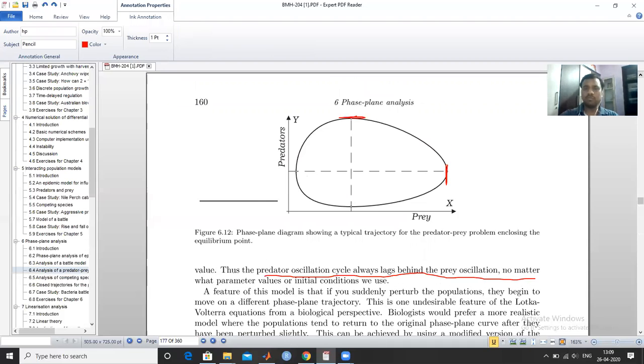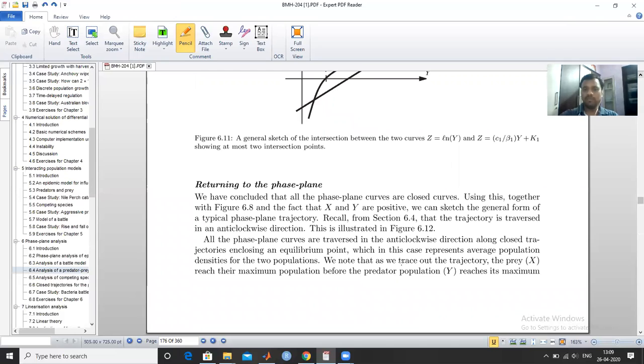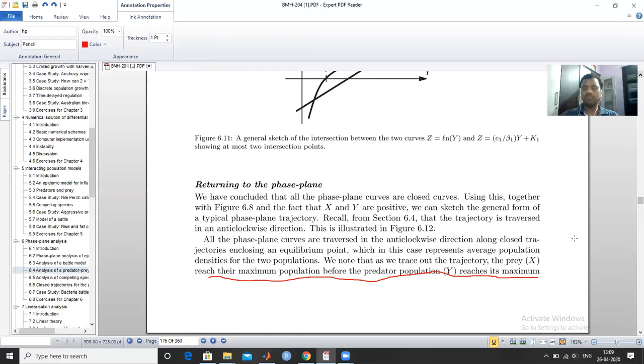So they want to say that in this line we have traced out the trajectory: the prey reaches their maximum population before the predator population y reaches maximum. So there are two important observations. This is closed, and the maximum number of prey is reached before the maximum for the predator.